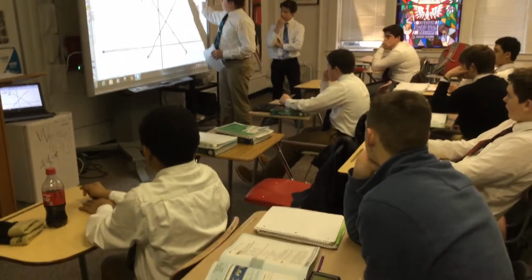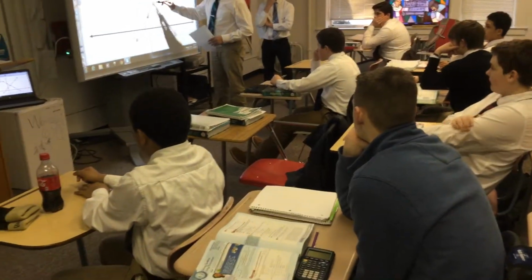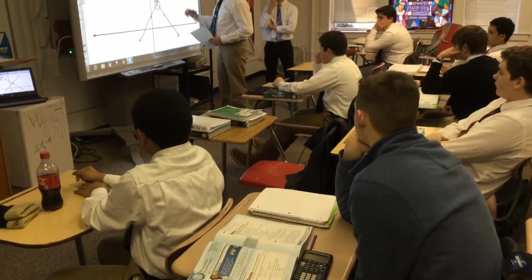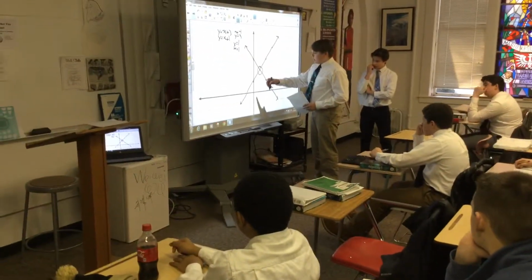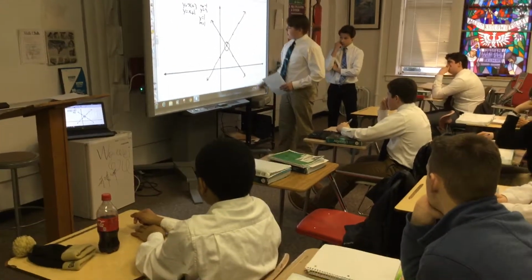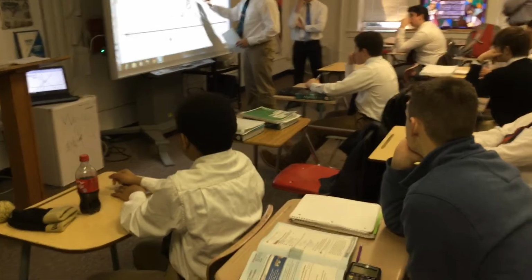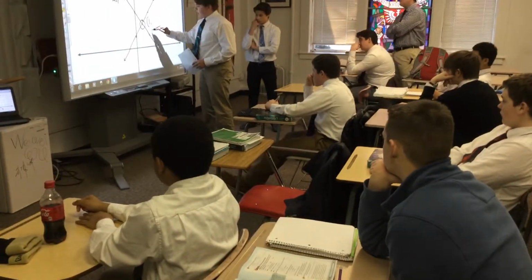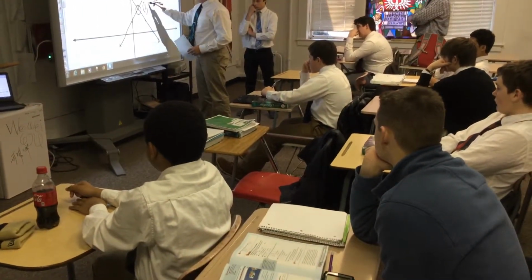So your intersection of the 2 lines would be right here, and this is our x-axis, this is our y-axis, so it would be 1, comma, it's 2 up, so it would be 2.